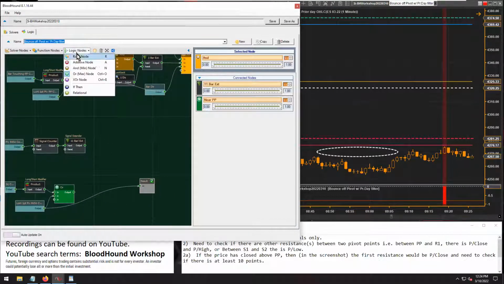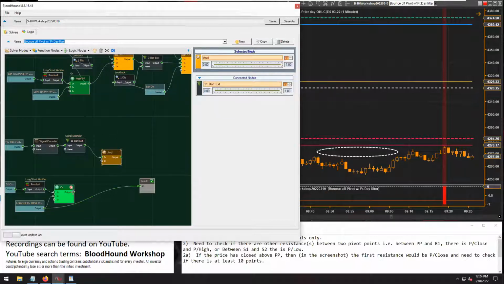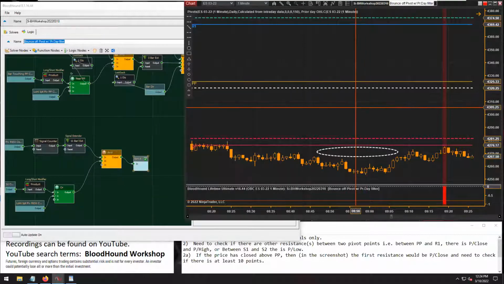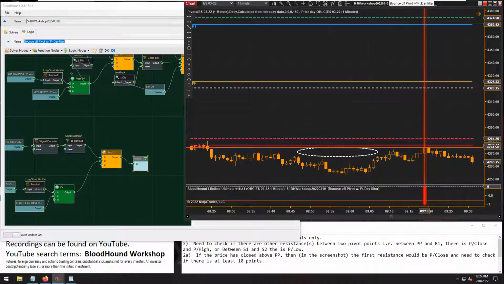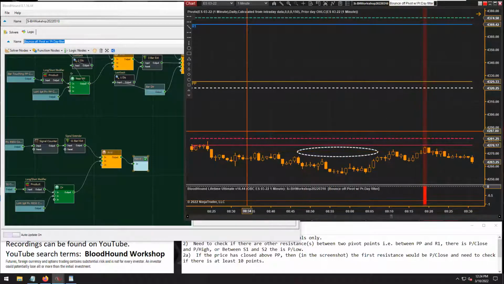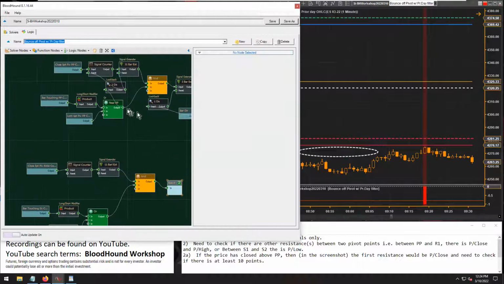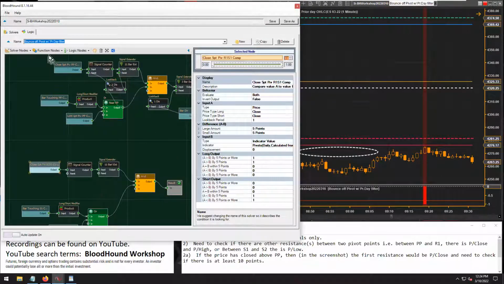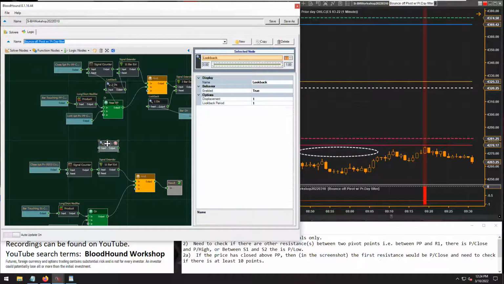So let's grab an AND node, connect that in, and connect that in. Let's take a look, and there we go. There's our touch signal. So we got our separation and then our touch. Also, let's go add our reset in here. So we need that look back node.